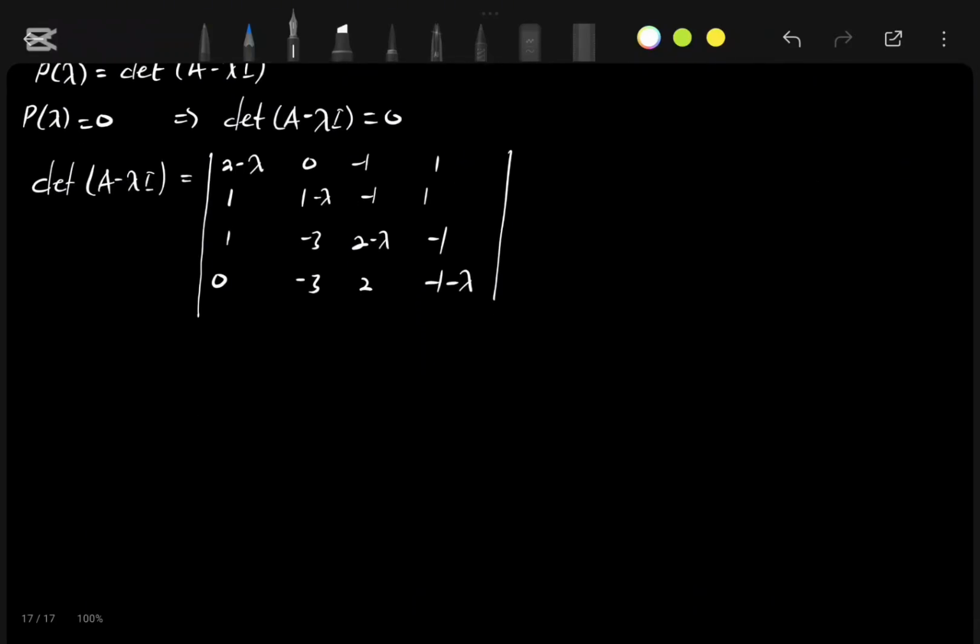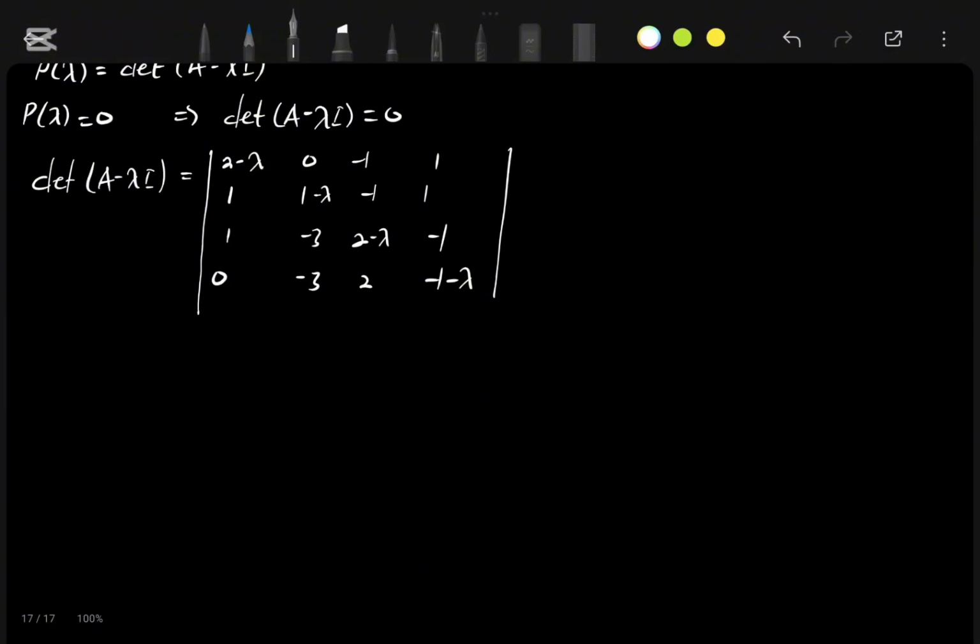It is better to find the determinant of the matrix by expanding along the first column. We first write down the components. So we have 2 minus lambda, all in bracket. We take a 3 by 3 matrix. We have 1 minus lambda, minus 3, then minus 1, 2 minus lambda, 2, 1, minus 1, minus 1 minus lambda.